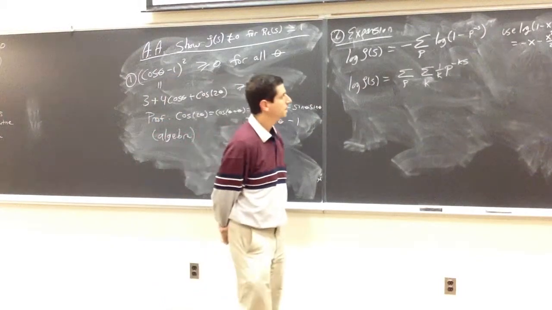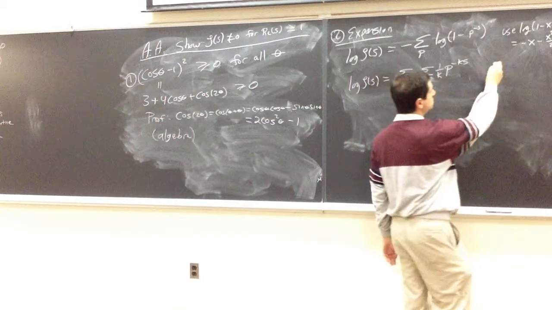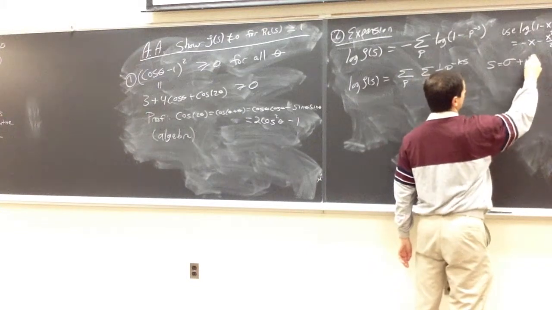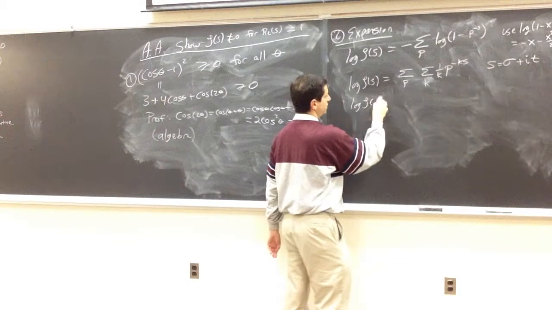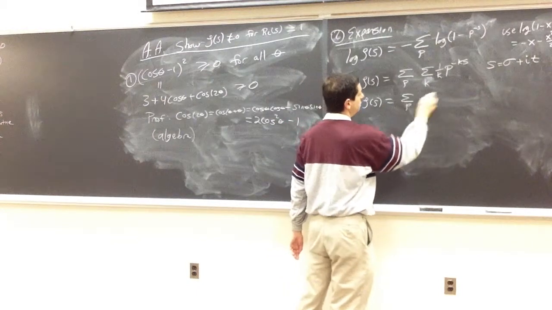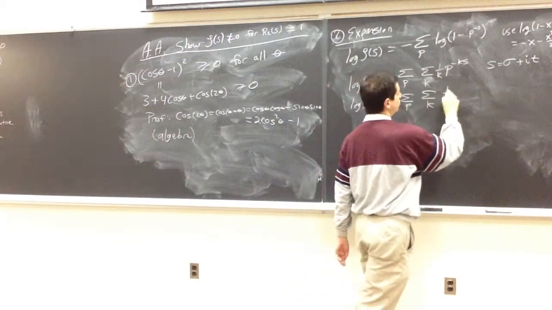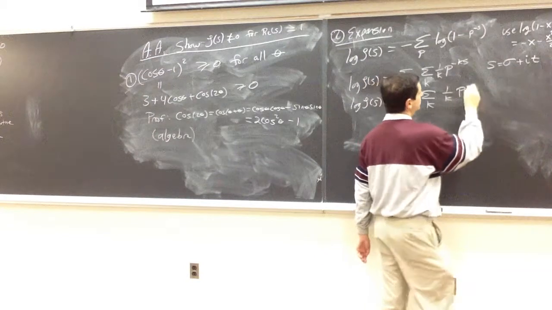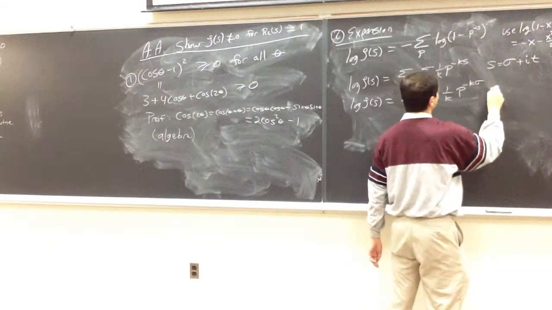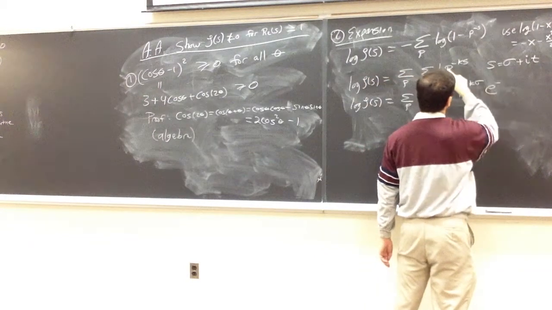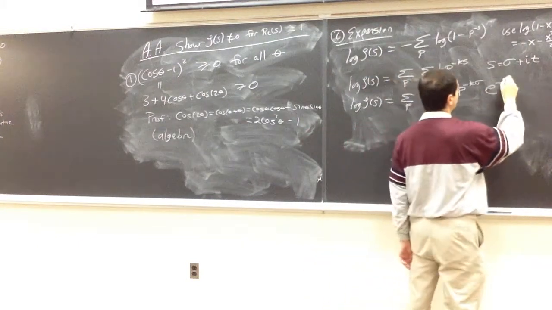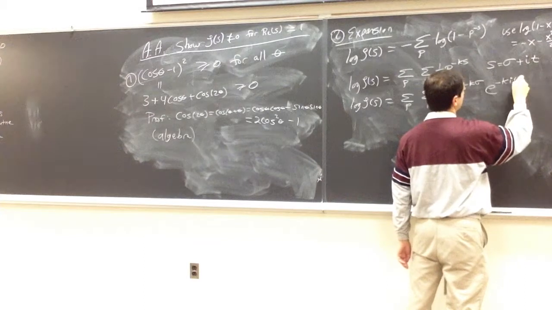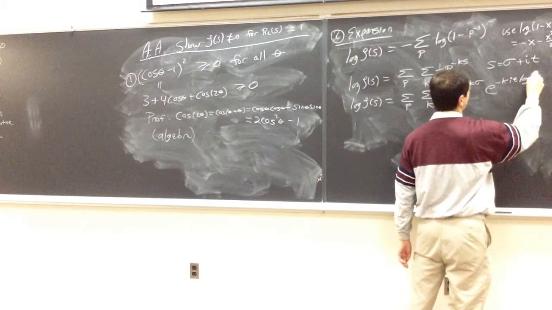Well, we can write s as sigma plus it. And so if we do that, we get the log of zeta of s is the sum over p, the sum over k, 1 over k, p to the negative k sigma, e to the negative, so p is going to be e to the log p, so we get negative k i t log p.